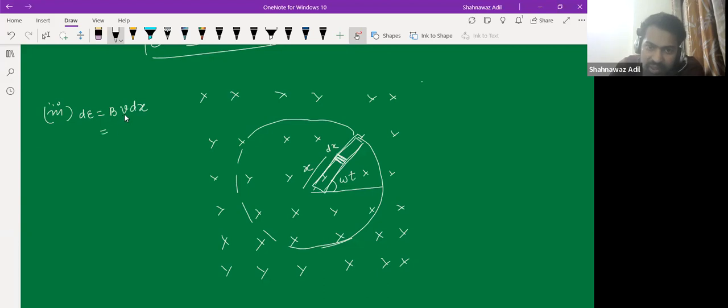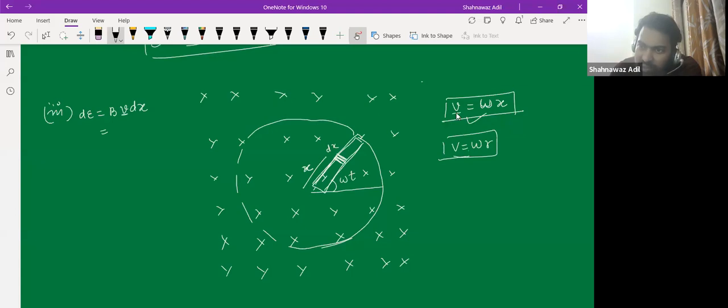And we know that in circular motion, what is the linear velocity? Linear velocity is related with the angular velocity as this. This distance is x, velocity is, let's say, v. We know that v is omega r in circular motion.